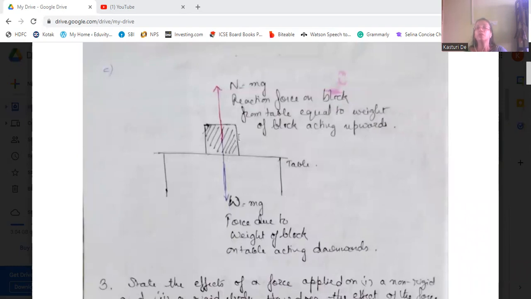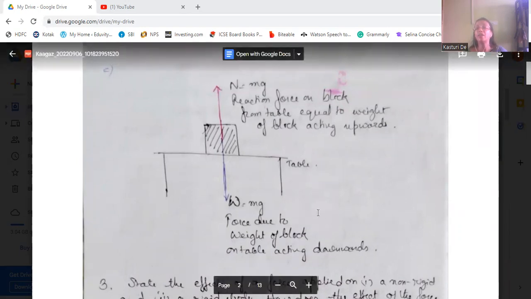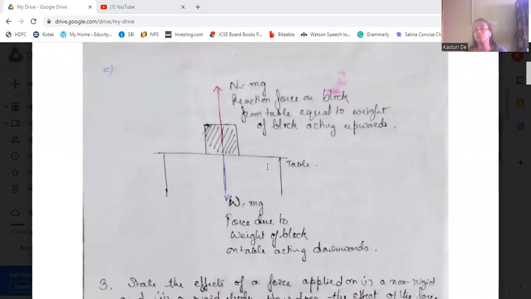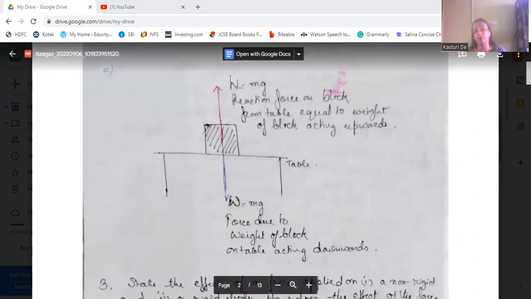Now, one force, that is the weight of the book. So that book or block, you can say, that will act downwards. And another force will be the reacting force on the block from the table, which is equal to the weight of the block, which is acting upwards.